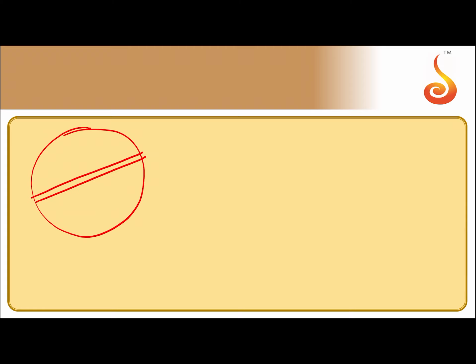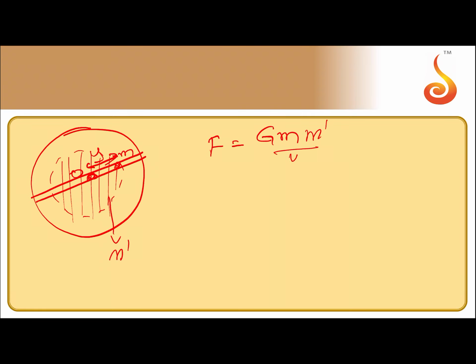This is a tunnel and it is at a distance y from the center. Consider a sphere. The force it exerts is G m, this shaded portion is of mass, say m dash, divided by y square.